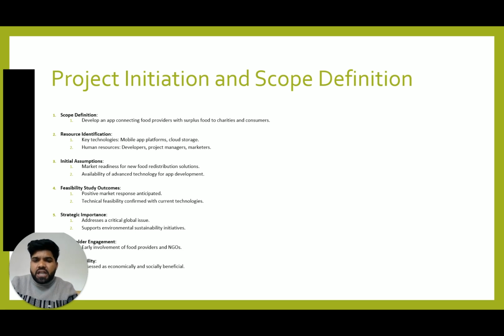The second is technical feasibility confirmed with current technologies. The fifth is strategic importance: it addresses a critical global issue and supports environmental sustainability initiatives. The sixth one is stakeholder management: early involvement of food providers and NGOs.